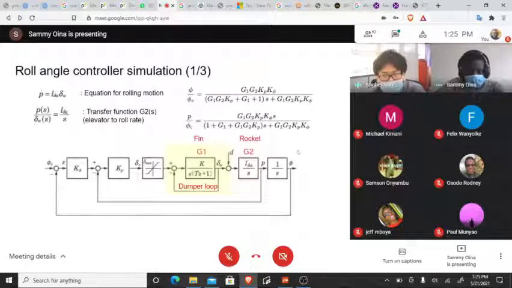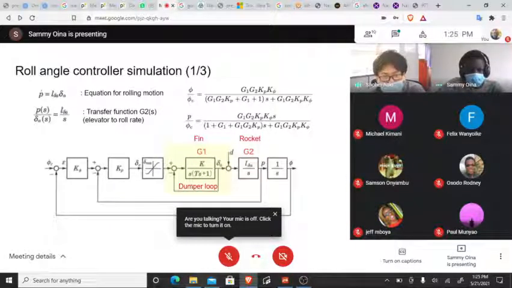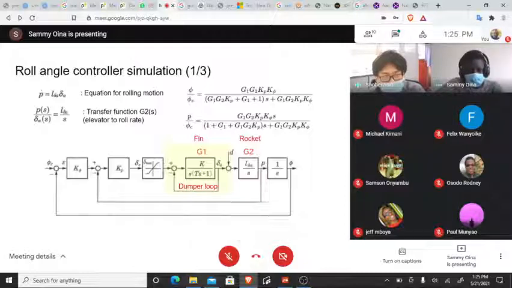This is a control system I have referred to, a typical control system for suppressing the rolling angle. At the top left, there is an equation for rolling motion. By using a Laplace transform, we can calculate the transfer function, which I named G2. G2 is the transfer function of the rocket itself.